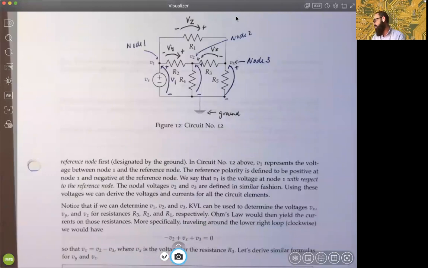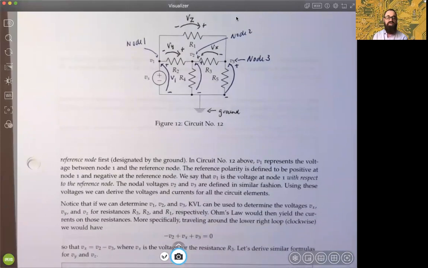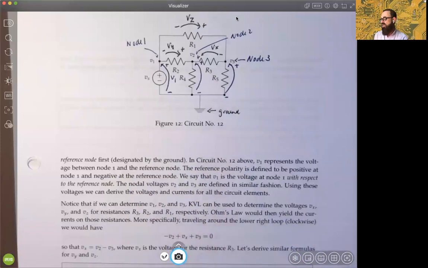So if we start off by looking at KVL, right? What we're going to look at in this circuit, more specifically, suppose we are traveling around the lower right loop in a clockwise fashion. So in this case, we are looking at the lower right loop down here, okay? I'll use a change of color here.